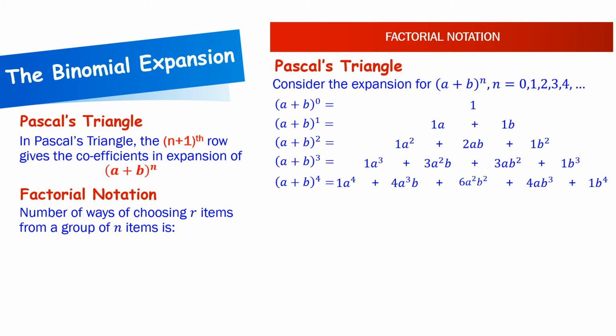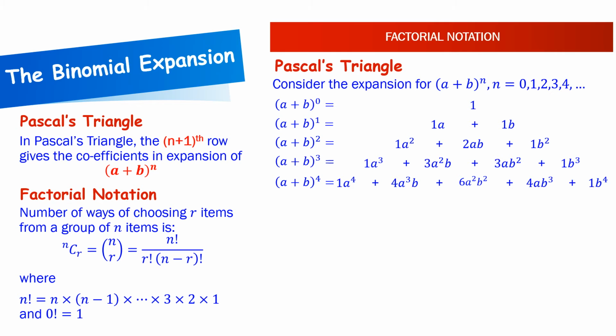The number of ways of choosing r items from a group of n items is n choose r, which is equal to, in brackets, n at the top and r at the bottom, which equals n factorial all over r factorial times n minus r factorial, where n factorial equals n times n minus 1 times all the way down to times 3 times 2 times 1.